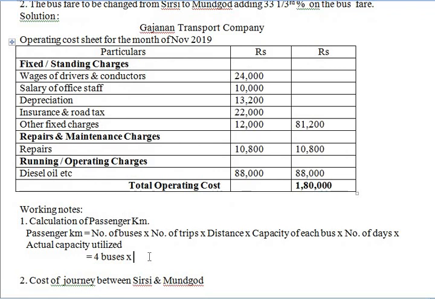So already they have given 2 trips per day. So here number of trips is 2 trips into distance. Already we have seen distance is 50 kilometers into capacity of each bus is 50 passengers, right, into number of days in the month of November.